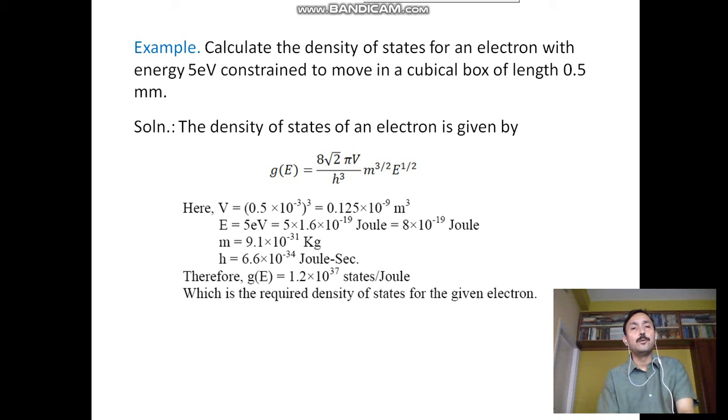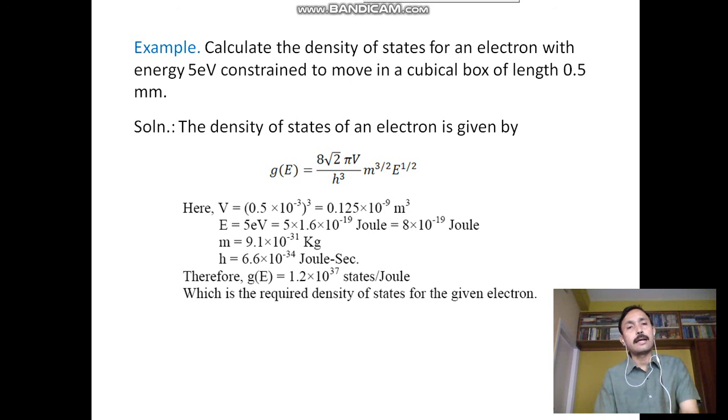Now let us solve a few examples. The question is: calculate the density of states for an electron with energy 5 electron volt constrained to move in a cubical box of length 0.5 millimeter.